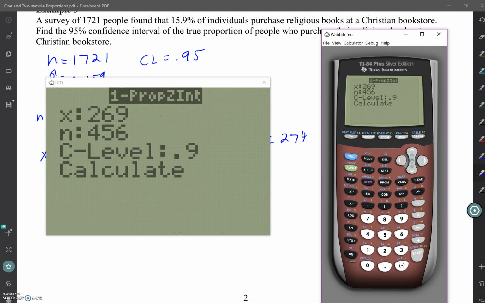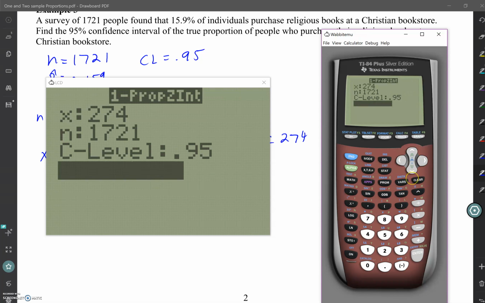Once you get inside, it's going to ask you what's x, what's n, and what's your confidence level. We said x was 274. Our n was 1,721. And we want to be 95% confident, so 0.95 for the C level. Everybody get to here? Did it work?